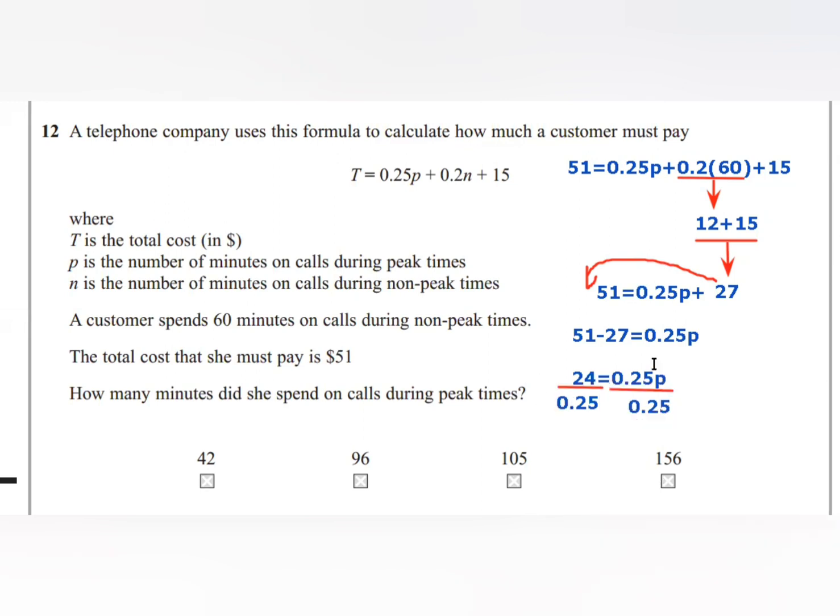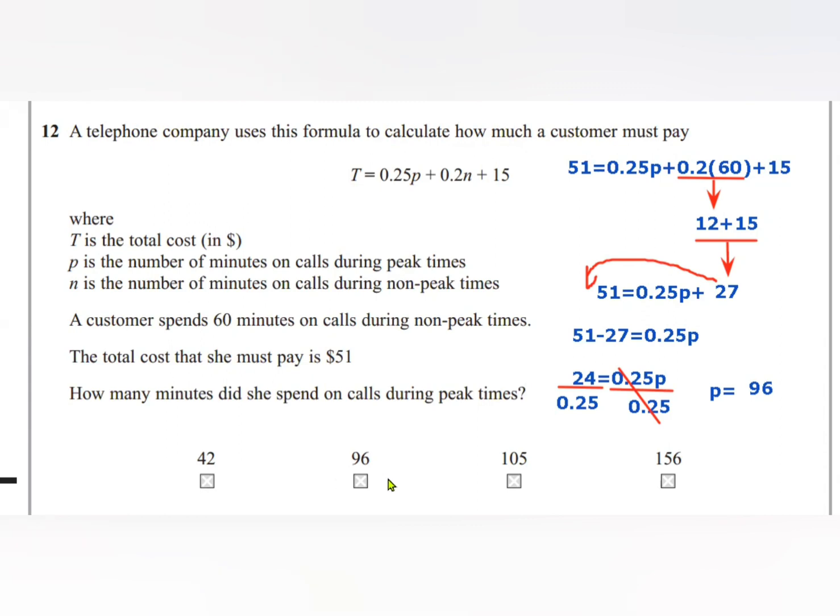So this one goes with this one, I end up with P. So P will give me 24 divided by 0.25. So 24 divided by 0.25, and I will get 96. So the final answer, the peak time minutes are 96. And this is how you answer a question like this.